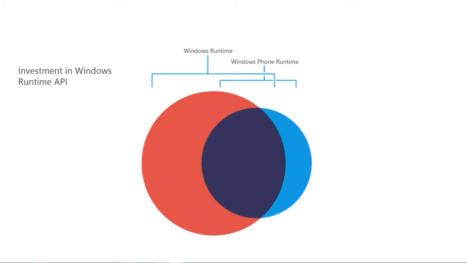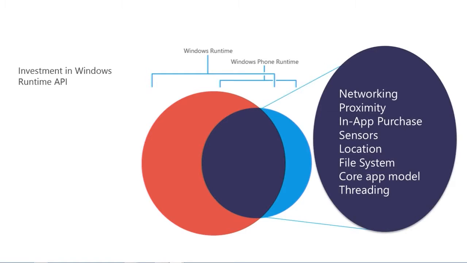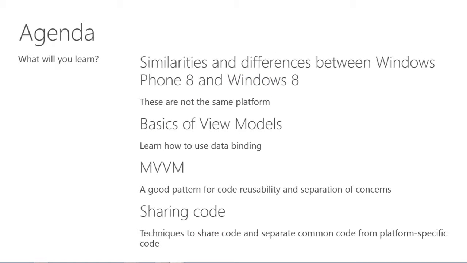As you can imagine, the Windows runtime is quite large, and the Windows Phone runtime is also quite large and has some things over and above what the Windows 8 runtime has. But there are certain areas where, if you're very careful, you can build your code in such a way that you can reuse it across both those platforms. So let's talk about what we're going to cover over the next 4 hours. I've split the session into 4 areas.